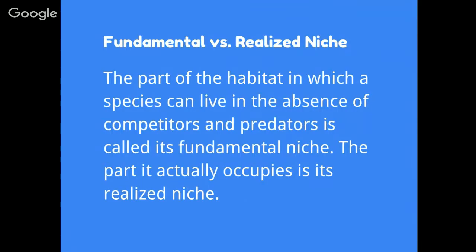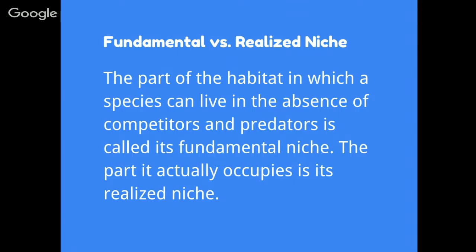The part of the habitat in which a species can live in the absence of competitors and predators is called its fundamental niche. In reality, it's going to be interacting with a lot of different organisms, so the part it actually occupies is its realized niche, meaning when you talk about realizing your dream, for example, you are actually doing that dream, you're doing those actions. So this is what the species is actually doing.